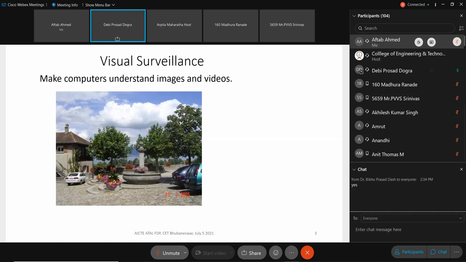I mean to say that you can come up with thousands of such questions, and each and every question may have a different answer. Since a particular image or scene can generate hundreds or thousands of questions, you can understand the complexity of the problem.